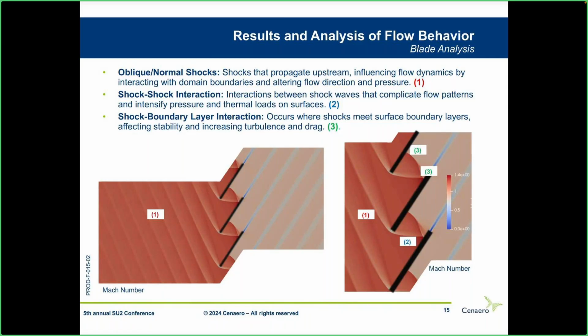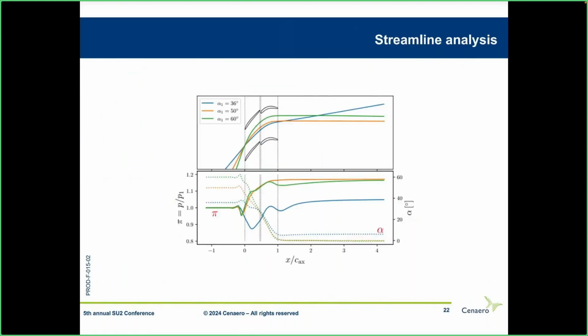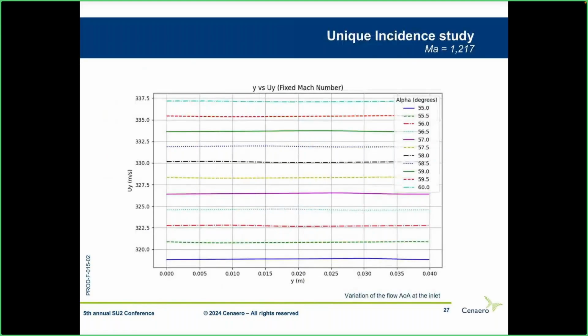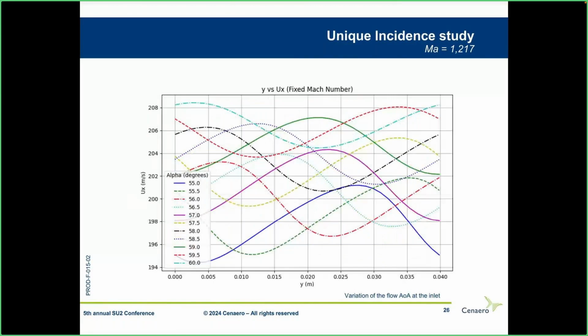But just in the annex, what can be interesting is that, for instance, here in the unique incidence study, you have the normal velocity uy, and you see it's almost not perturbed by the flow, but the actual velocity is super perturbed by the flow.